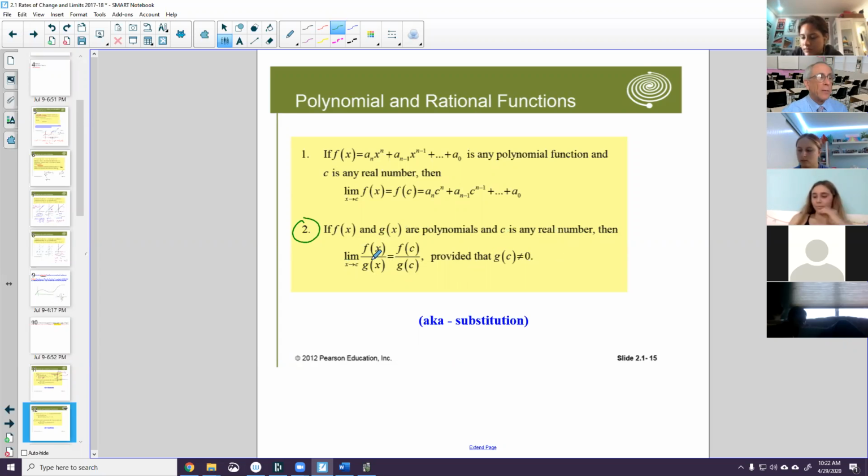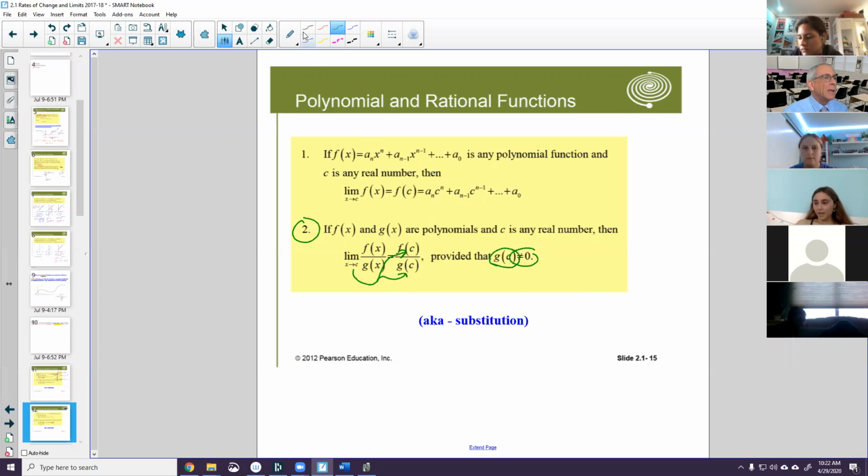It's going to have some problem. But I can still use substitution. I can still substitute c in for x as long as g of c does not equal 0.